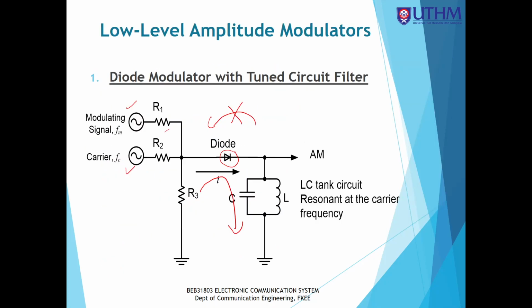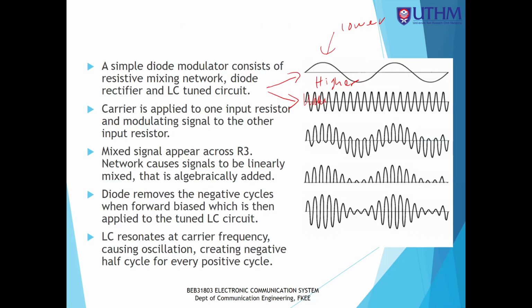If you see from here, at this point, this is where both signals are mixed together. The modulating signal and the carrier signal are mixed together. So how does the mixing process happen? When the mixing process happens, both the carrier and the modulating signal mix together.